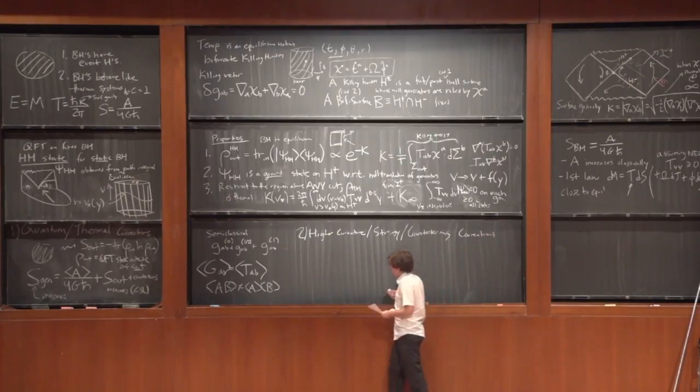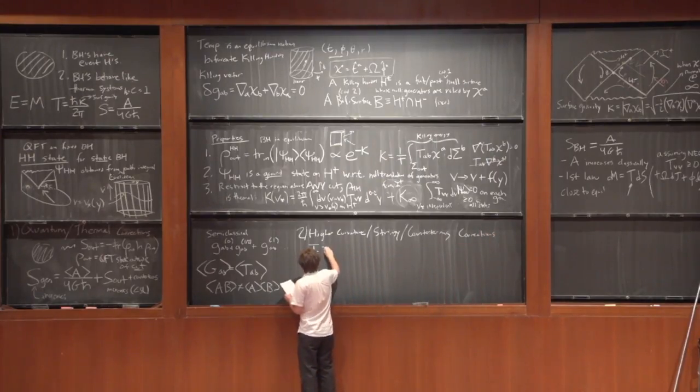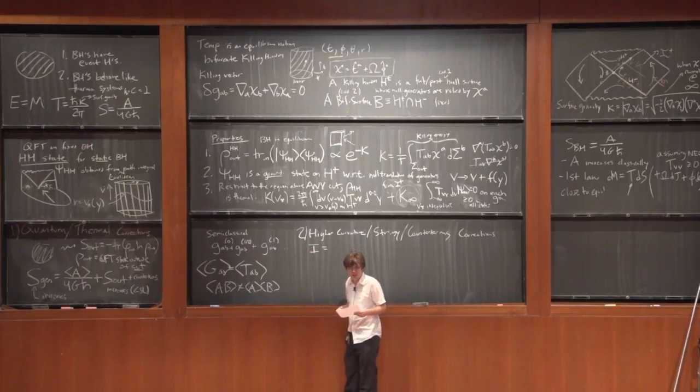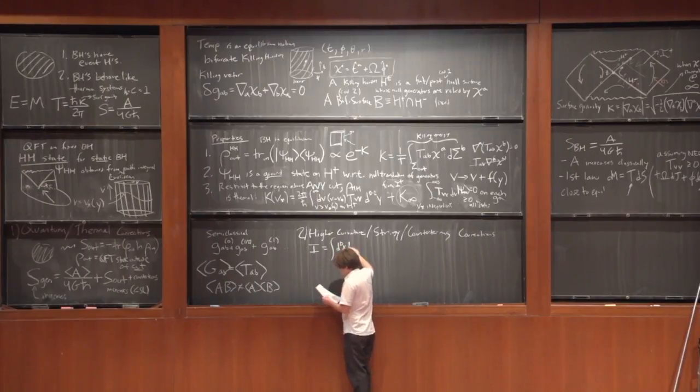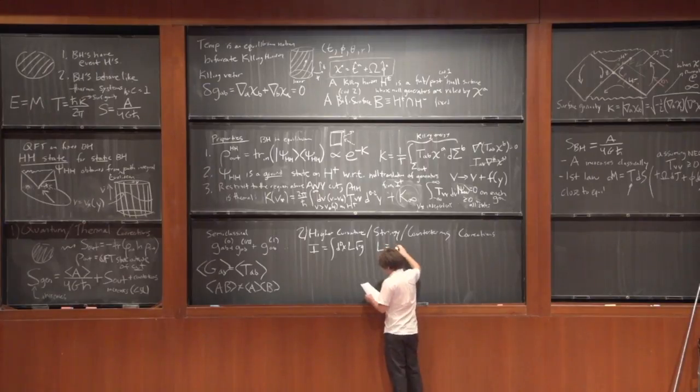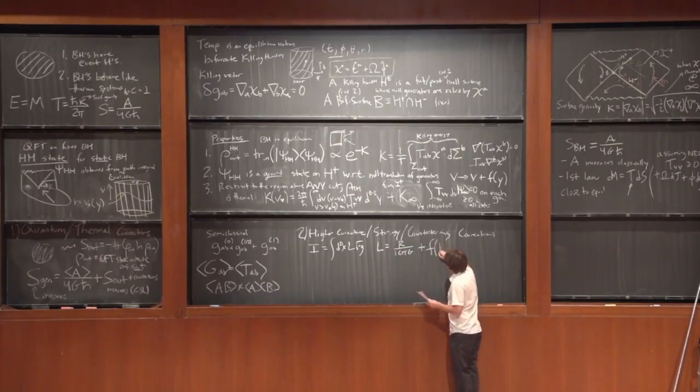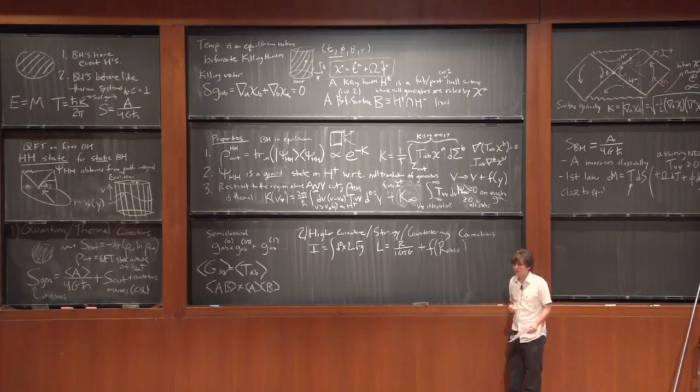And the way these work is we have a gravitational action that I always write as I because S is taken in this subject. That's an integral of the Lagrangian, where the Lagrangian has an Einstein-Hilbert term, but then it may also have corrections that involve various powers of the Riemann tensor, maybe some derivatives as well. So these are various scalar corrections, like the Gauss-Bonnet term that Matt mentioned.